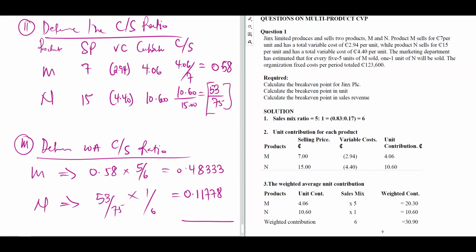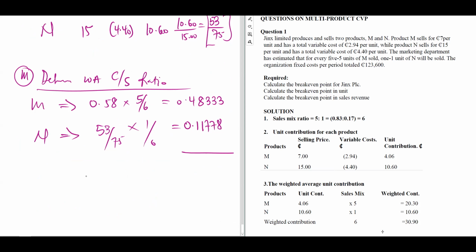Once I have this, I have the weighted average CS ratio. I will just add them up, and I have 0.601, or 0.6 after rounding off, as my weighted average CS ratio.